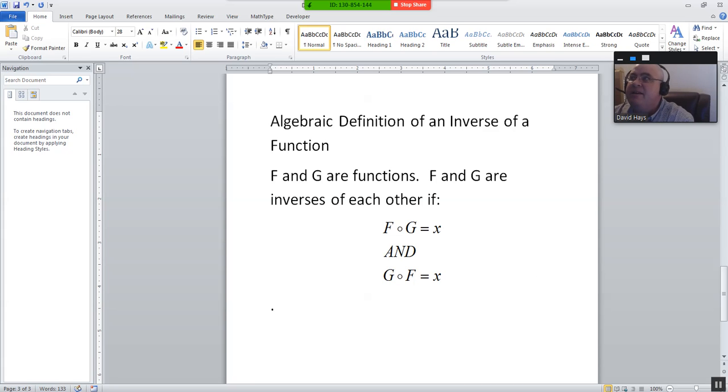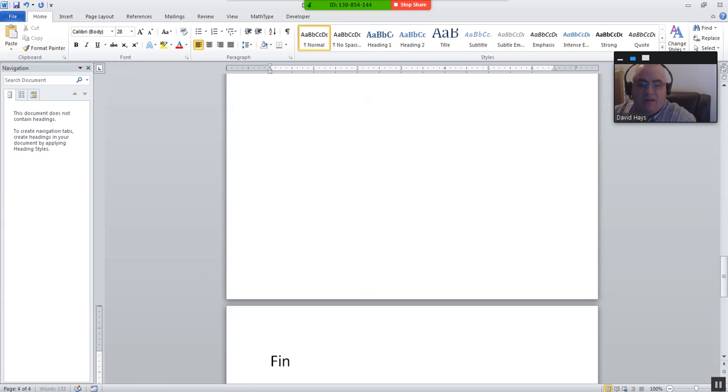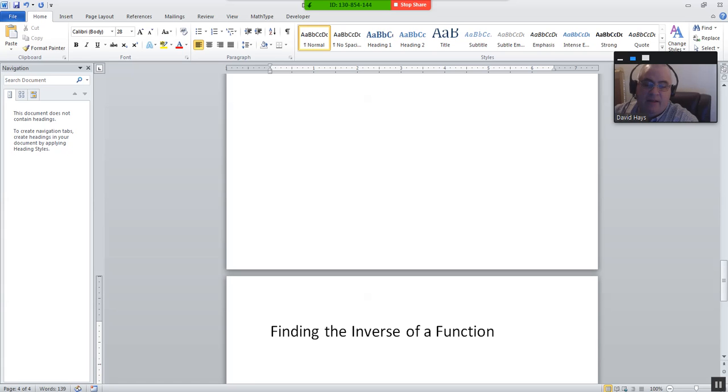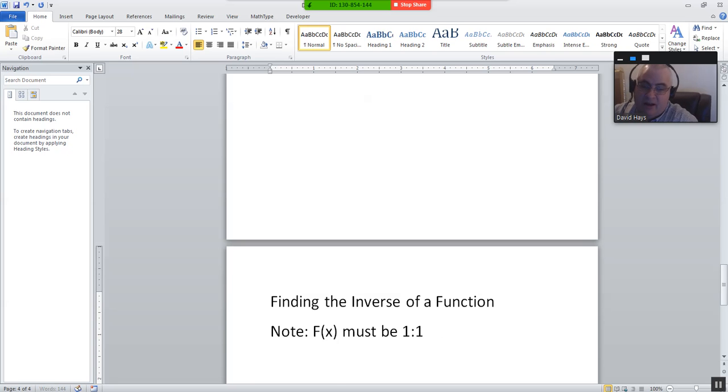So finding the inverse of a function. Note, f of x must be 1 to 1. Of course, it's assumed as a function because we're finding the inverse of a function, but it also must be 1 to 1.